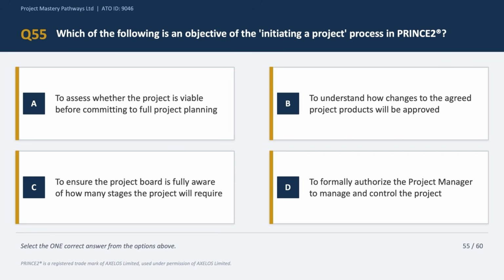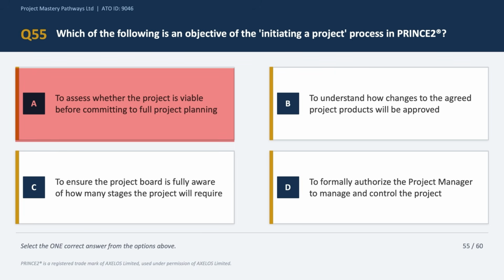Now option A says to assess whether the project is viable before committing to full planning. That sounds more like the purpose of starting up a project process, right? Because initiating a project comes after that decision has been made. So option A is incorrect. Let's look at option C, which says to ensure the project board knows how many stages are required.